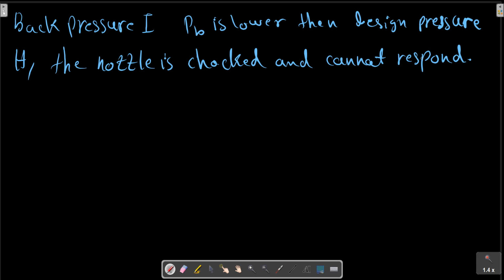The exit flow expands in a complex series of supersonic wave motions until it matches the low back pressure.